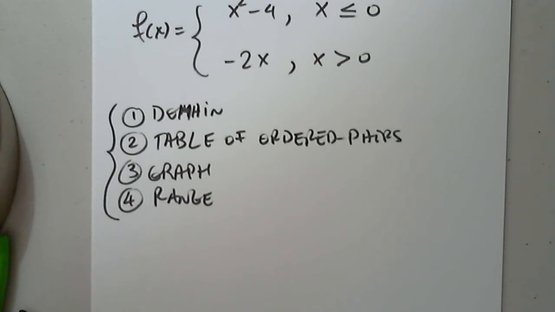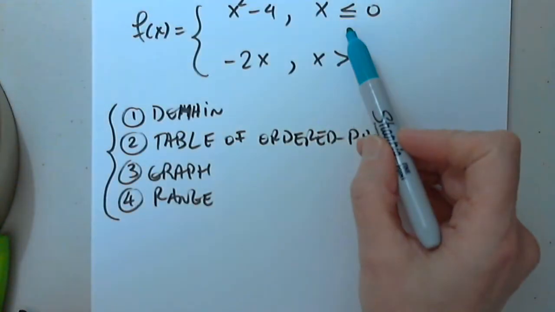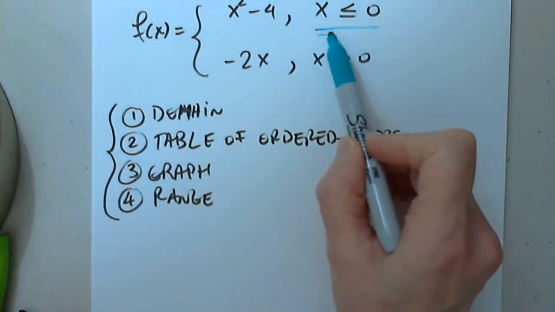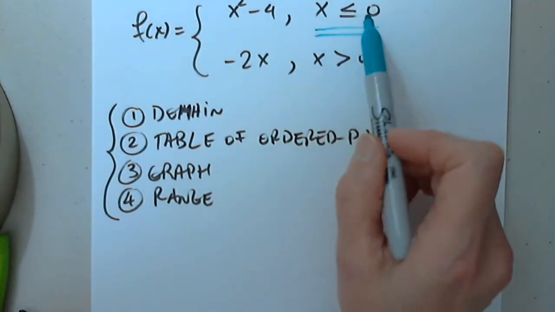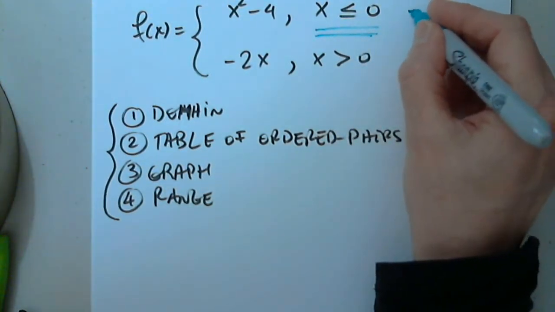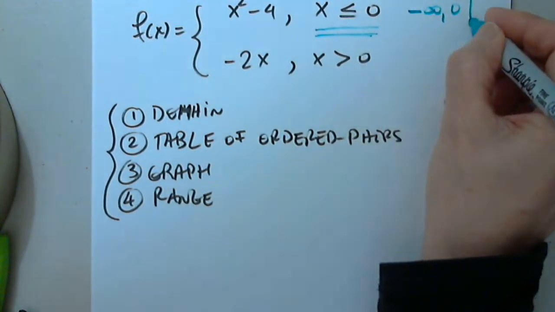Okay, so I'm going to go back. Now here, when I look at this interval, I realize that in interval notation, this inequality is nothing else but negative infinity to 0 with a bracket.